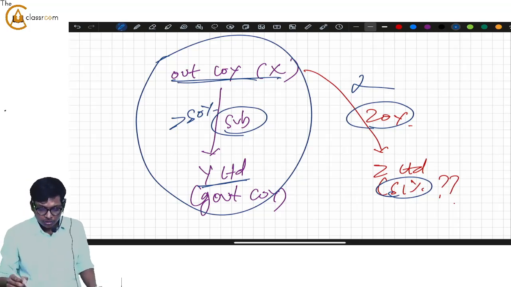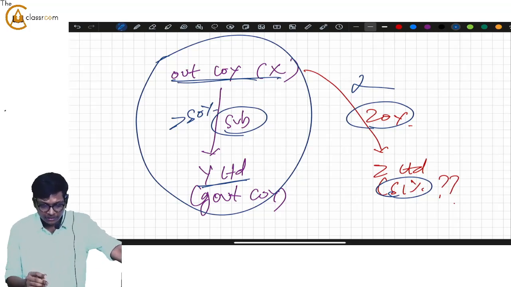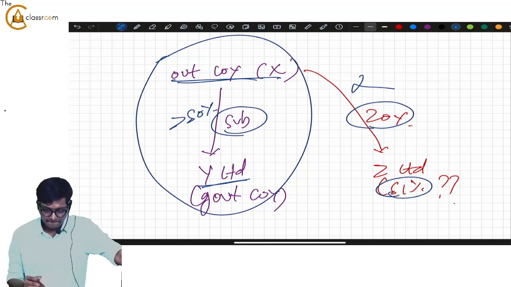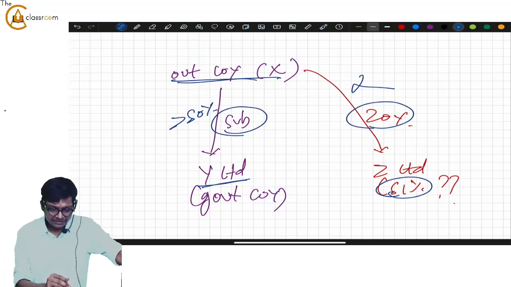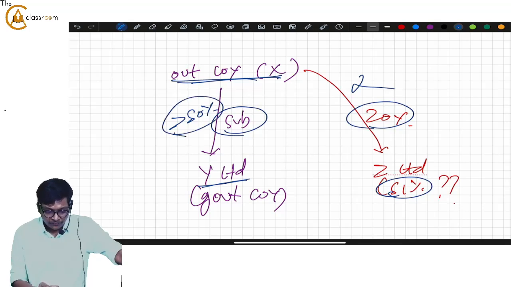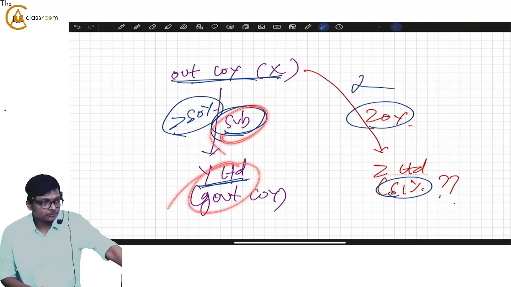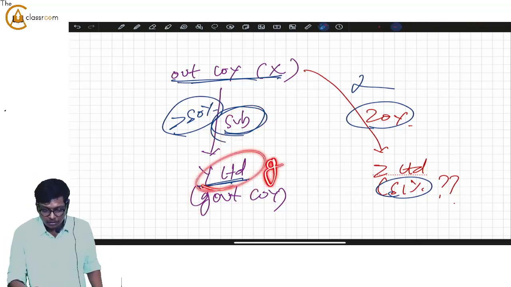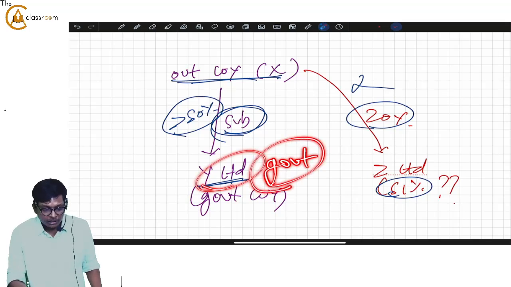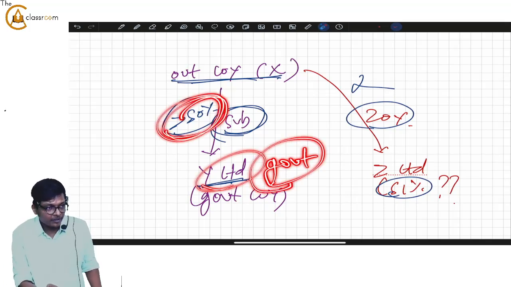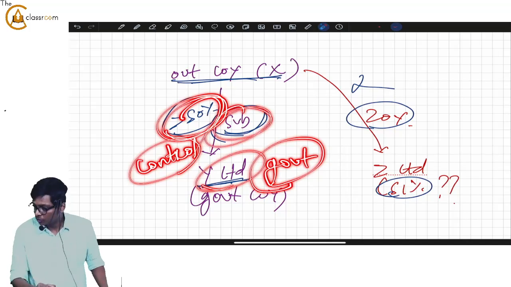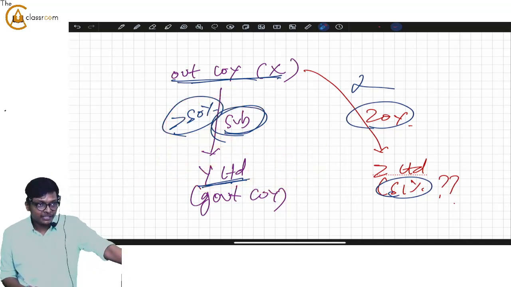Now see, I'll again draw, guys. Look at this. What he's saying: if X has more than 50% in Y, then Y will become a subsidiary of a government company. So Y will become a government company. For that to happen, you should have more than 50% or control the composition of the board of directors to make it a subsidiary.